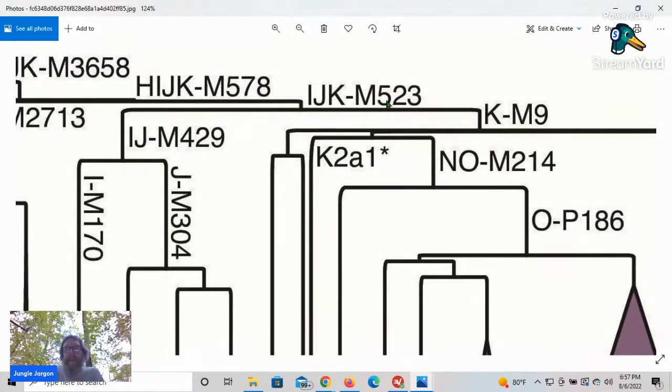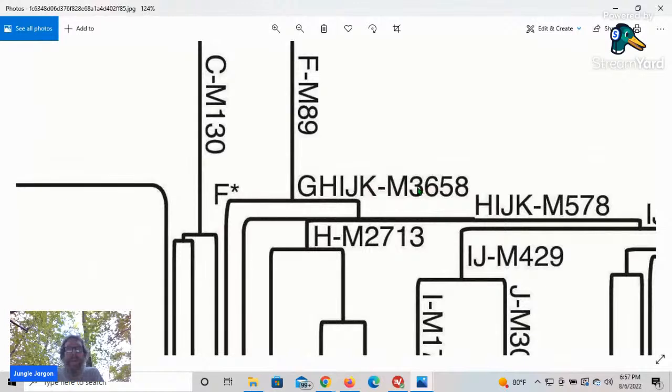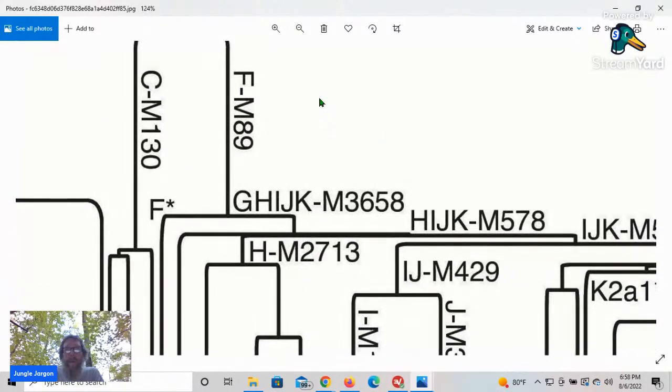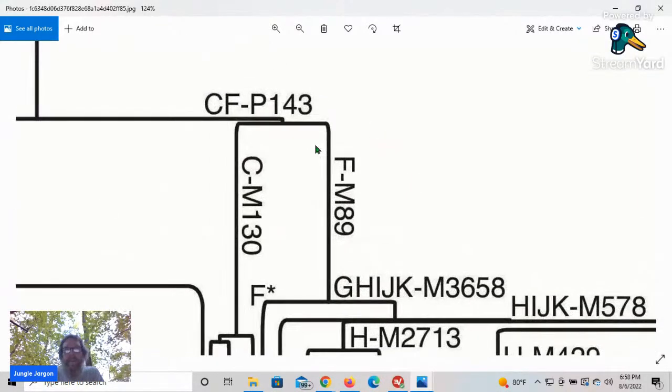So Japheth has this, Japheth has this, Japheth has this, and well, this is the F. Let me see if there's another one. Yeah. Then there's another one here. But we all got it. And C is identified with the rest of them here because C is Nimrod.